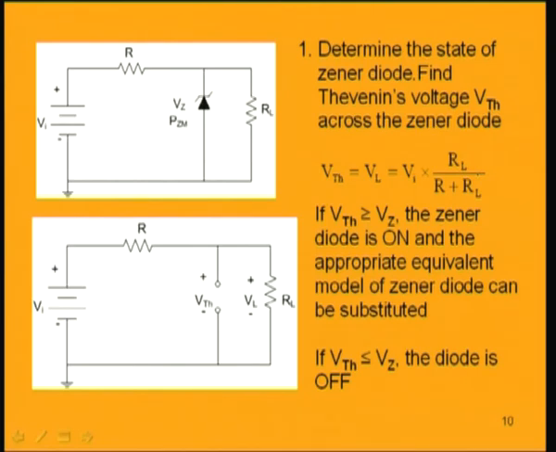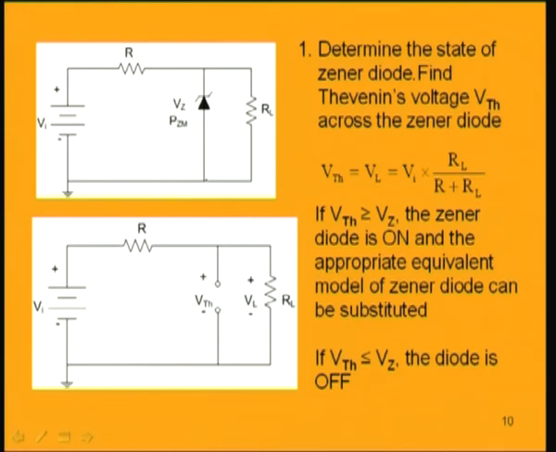Now, if V Thevenin is greater than or equal to VZ, the Zener breakdown voltage for the particular diode we are considering, then the Zener diode will be in the on condition, meaning breakdown will occur, and we can approximately replace this Zener diode by its approximate equivalent circuit.